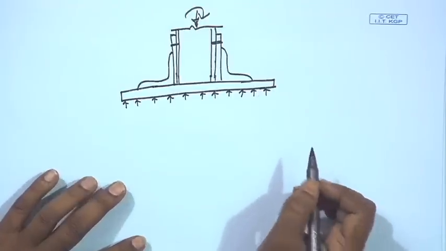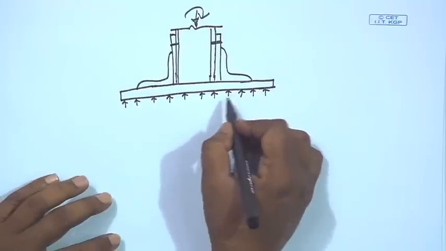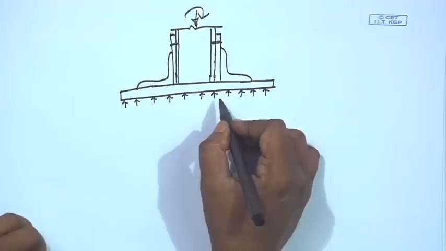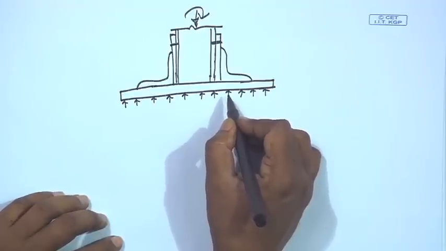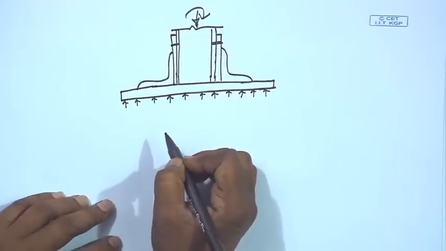And if we see here, because the gussets and stiffeners support the base slab against bending, a thinner base plate can be provided, meaning the base plate thickness will be comparatively thin.